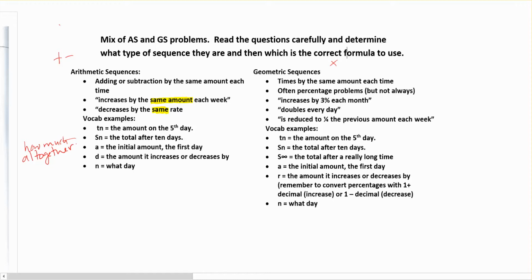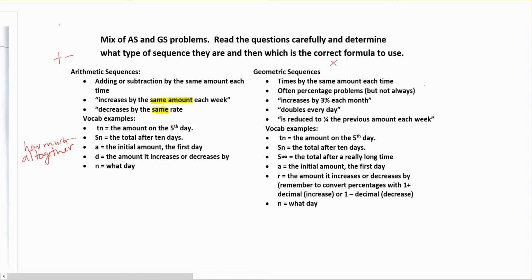Anything to imply you're looking for more than one thing combined together. A, you'd have words like the initial amount or the first day, and D is the amount it increases by or decreases by. So if it increases by 5 each day, that's going to be D, 5. And if you're looking for n, it's probably going to be like on what day or on what week will they have a certain amount.